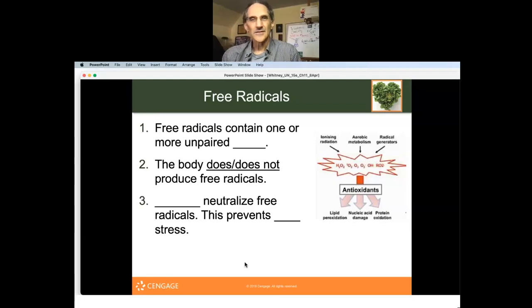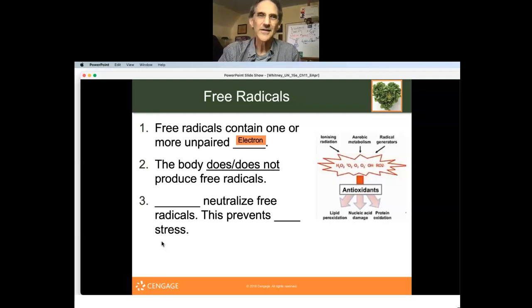There could be other radical generators, for example, xenobiotics, certain things that we might take in that are foreign to our body. Free radicals contain one or more unpaired electrons. A free radical is defined chemically, and if you think of the basic thing that you learned in chemistry, a lot of chemistry is based on electrons. That's what makes these free radicals reactive. There's an unpaired electron.